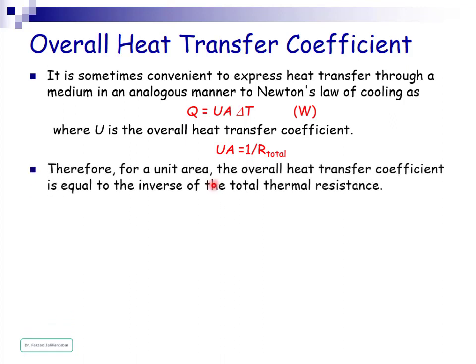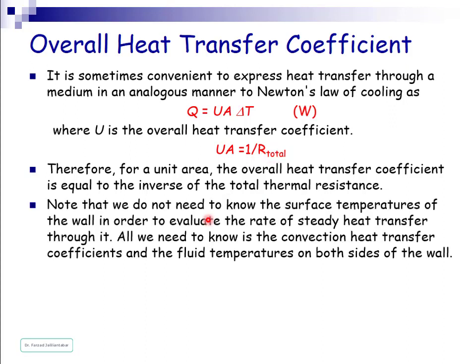So for a unit area, the overall heat transfer coefficient is equal to the inverse of the total thermal resistance. So the overall heat transfer can be calculated only by knowing the total thermal resistance. And notice that we don't need to know the temperature of the surfaces of the wall to evaluate the rate of steady heat transfer through it.